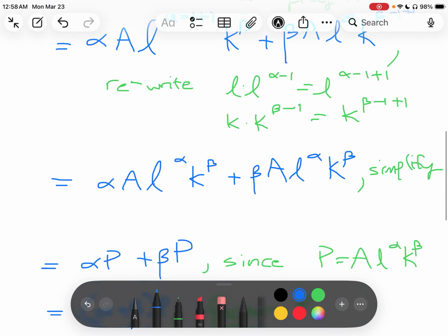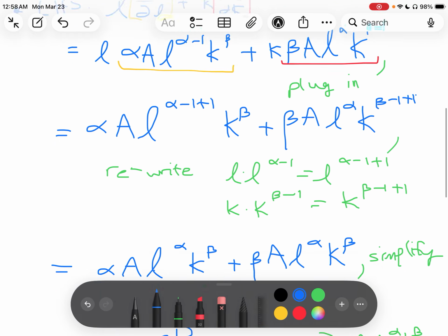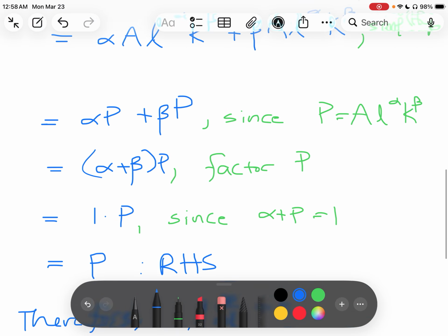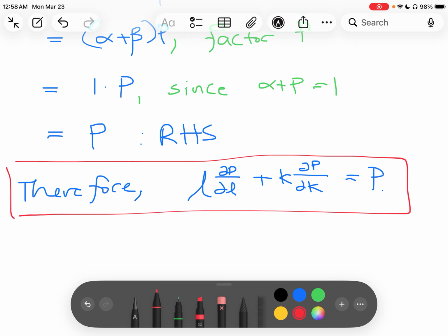We wanted to show that L times partial derivative of P with respect to L plus K times partial derivative of P with respect to K equals P. And that's all.